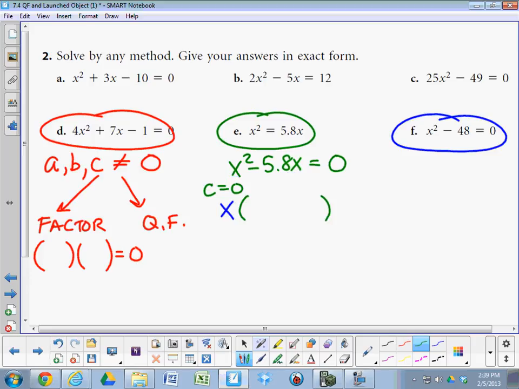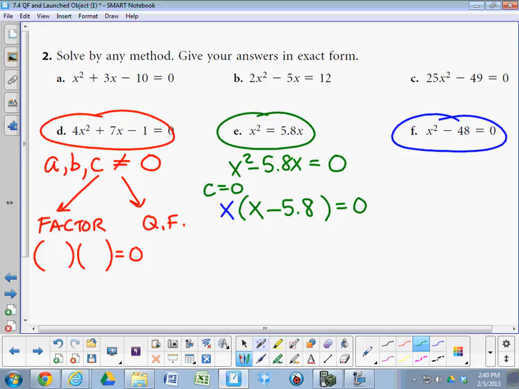In the parentheses will be the leftovers. X squared was x times what? X. And 5.8x, now that I removed an x, is simply 5.8. In other words, when C is missing, just factor out that x and then solve.